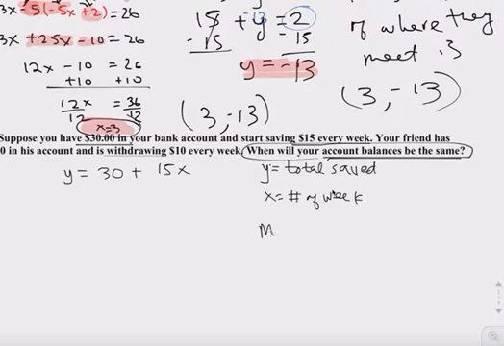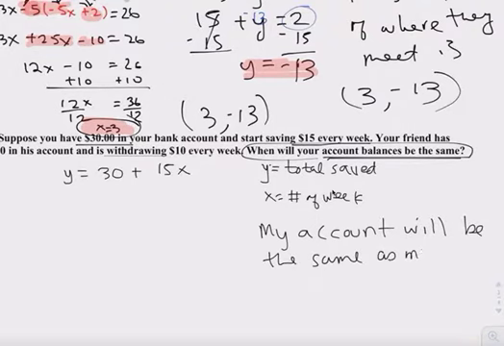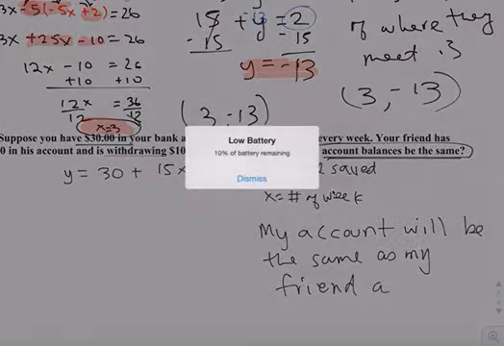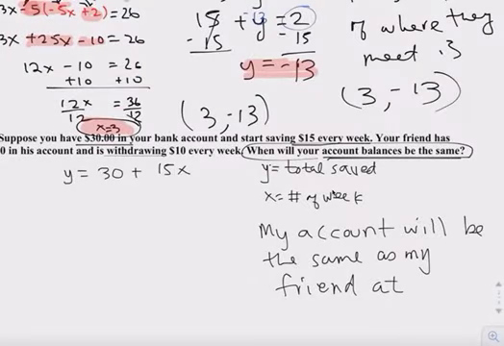My account will be the same as my friend's at some week. Okay? You need to answer that question. So this is the question: when will your account be the same as your friend's?